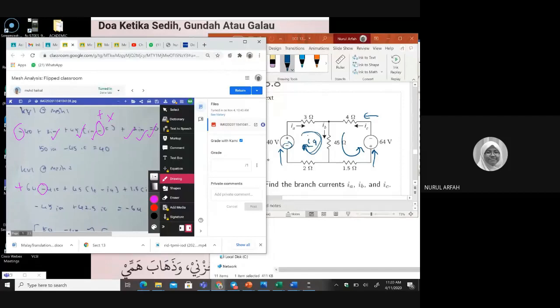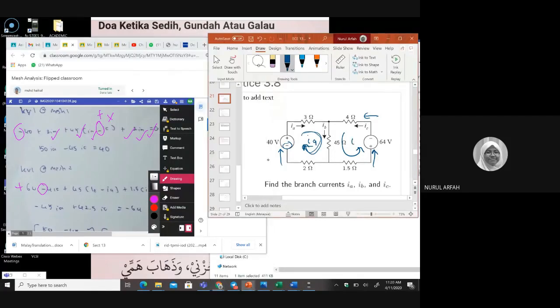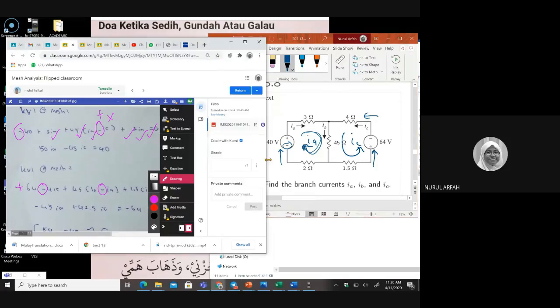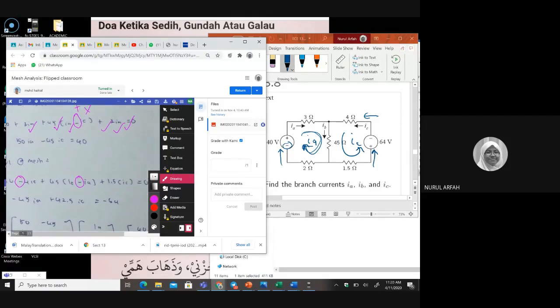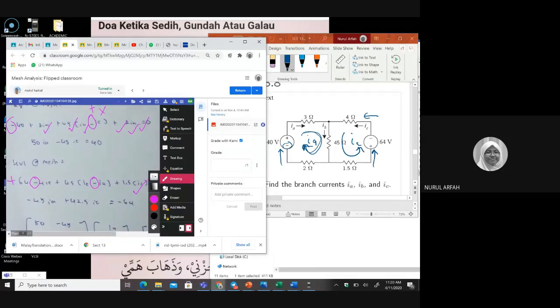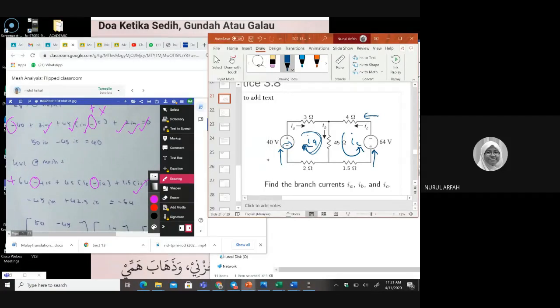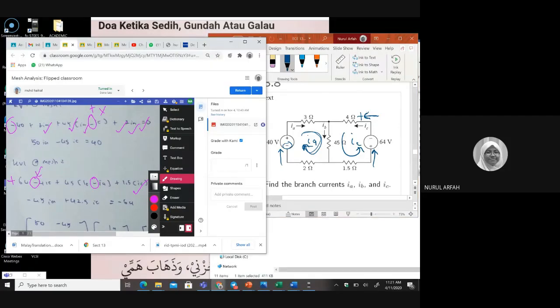And then 45 here, and this is IC minus IA. It's supposed to be a plus sign here, and then you have 1.5 into IC. This one correct. Tapi this part wrong. You just follow passive sign convention. Entering current here should be a plus, so that's why this one should be a plus.